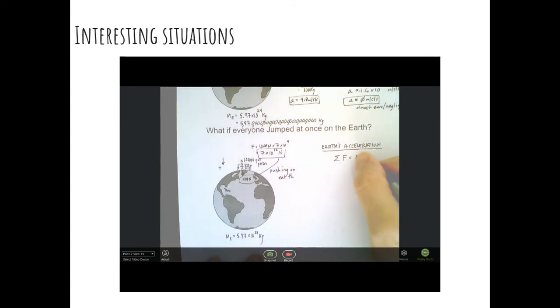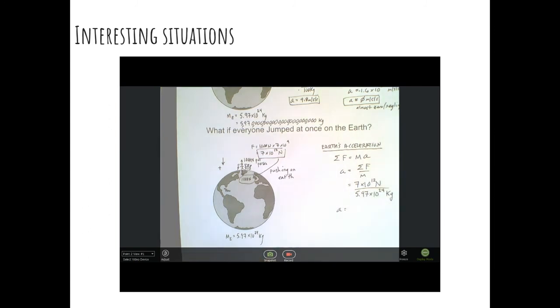So there we go. The acceleration of the Earth would be the net force divided by the mass. The net force is 7 times 10 to the 12 newtons, approximately, divided by 5.97 times 10 to the 24 kilograms.